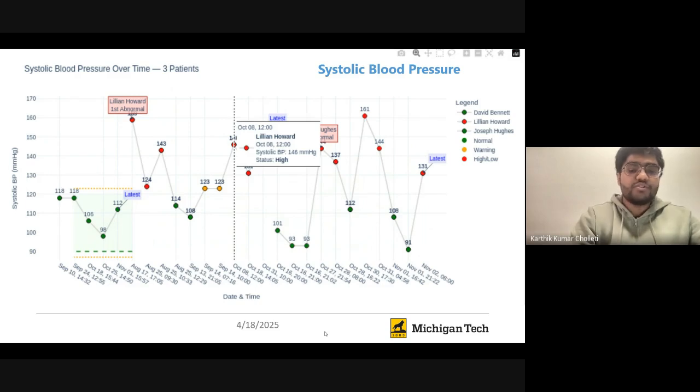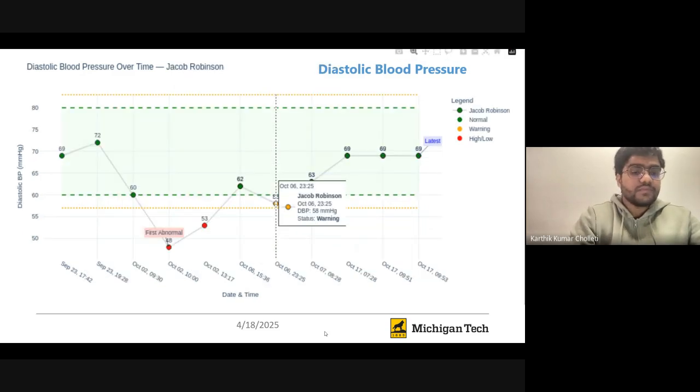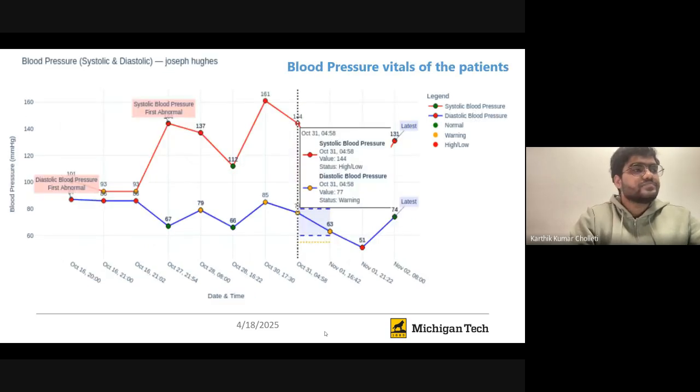Annotations flag first abnormalities and latest values, making it easy to spot who needs immediate attention. This is another one, diastolic blood pressure, visualized the same as the systolic blood pressure. This shows the blood pressure vitals of the patients, combining both systolic and diastolic blood pressures.